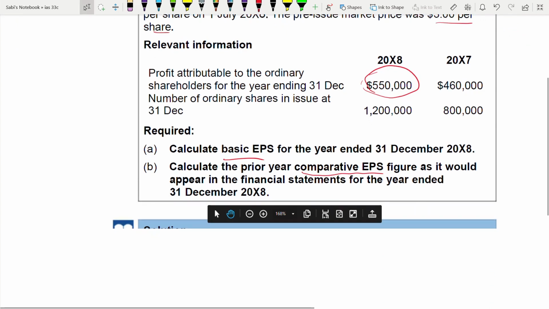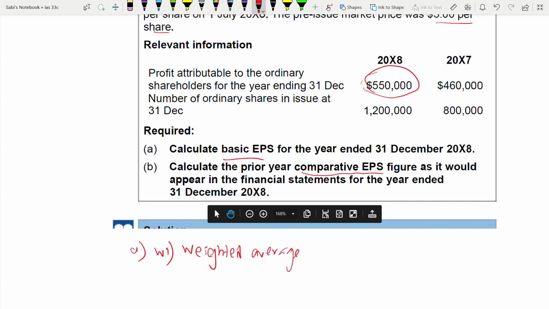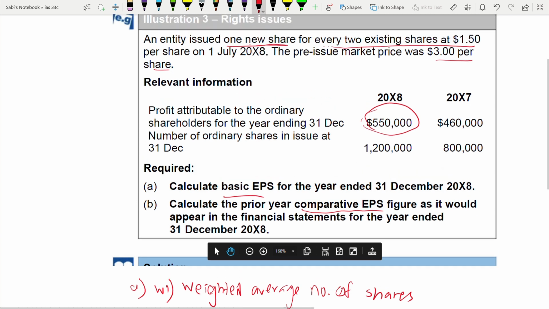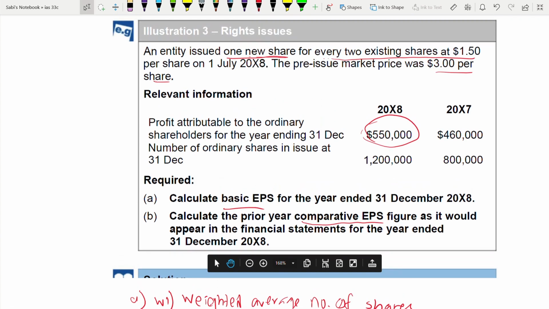So first you need to calculate for A, weighted average number of shares. Okay. Now, when was this share issue? It was on 1st of July.